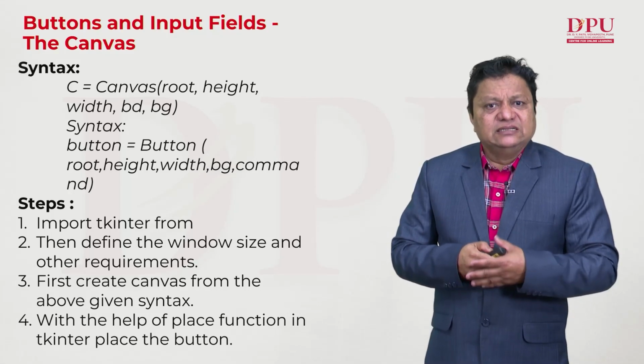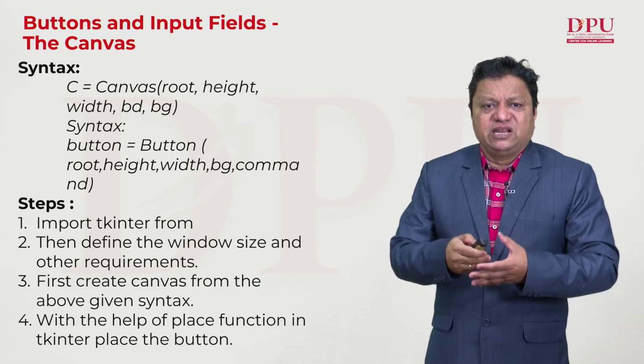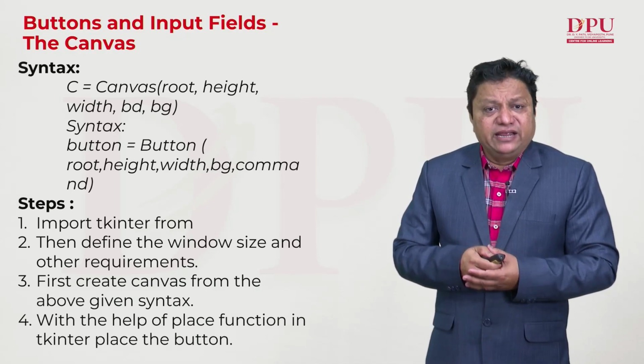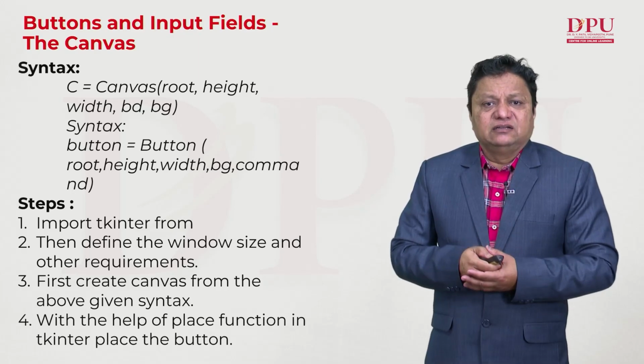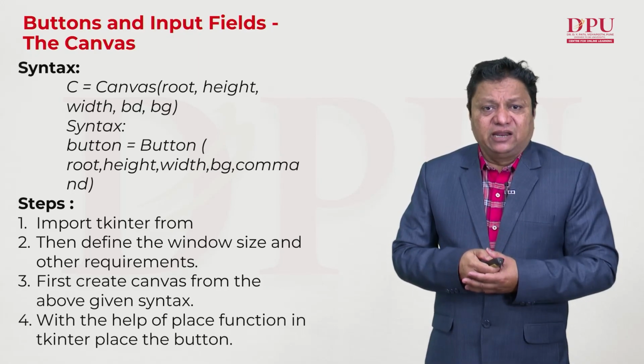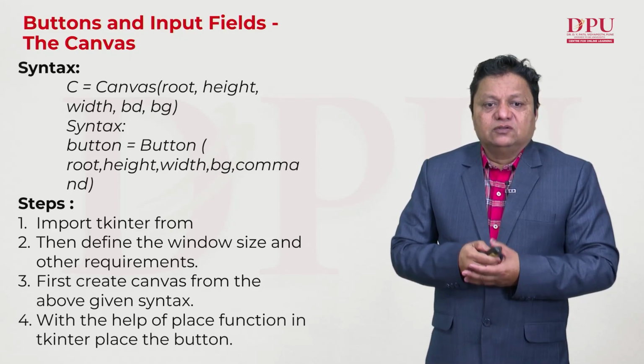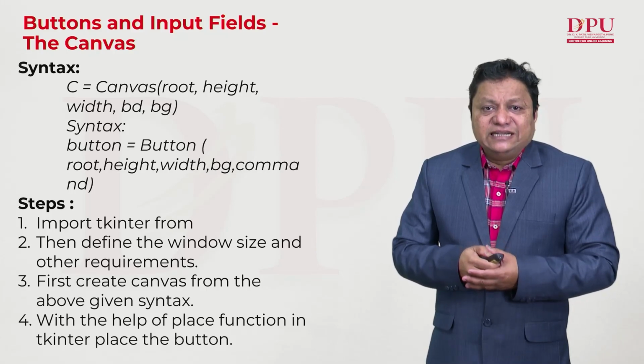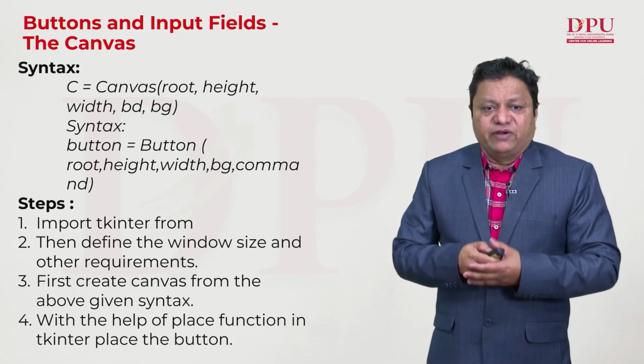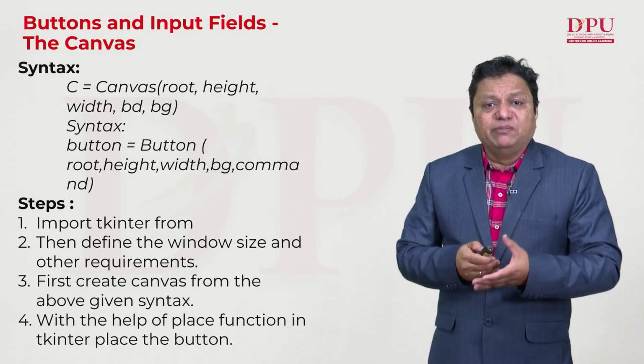For example, c is equal to, that is the name of the variable, is equal to Canvas. I am creating a canvas by providing the attributes like root, comma height, width, that is bd and bg. Now, if I have to create a button, how can it be created?